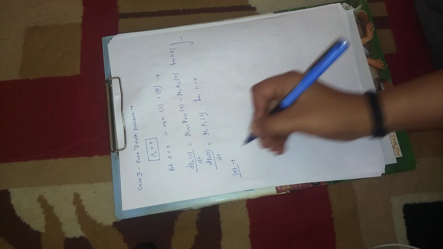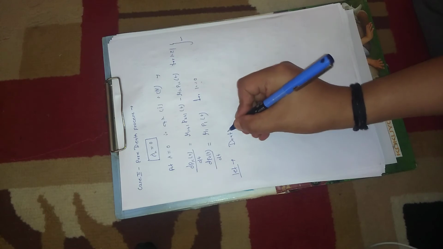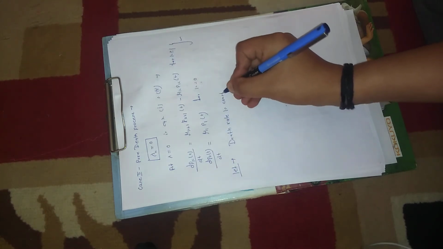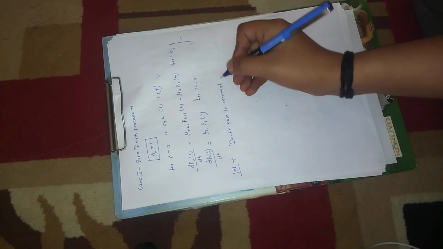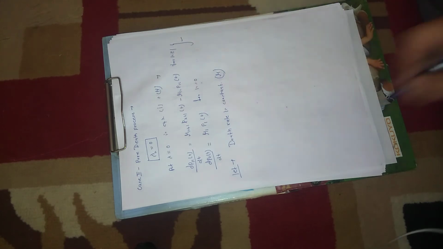Now let us assume that the death rate is constant. So it's all about mu, independent of state.